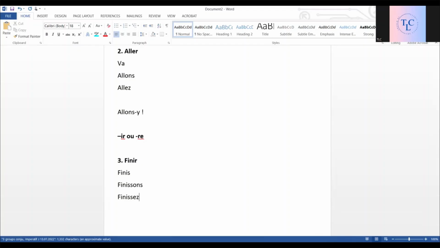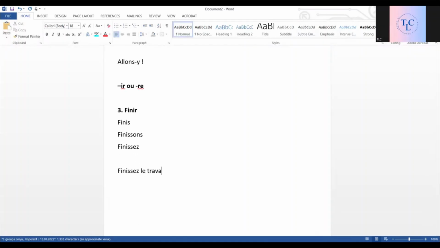It's like the present tense. No change. We don't remove any letter, we don't add any letter. That's it. For example, finissez le travail avant 8 heures. Finish or complete the work before 8 o'clock. Yes, that can be an order, an instruction.